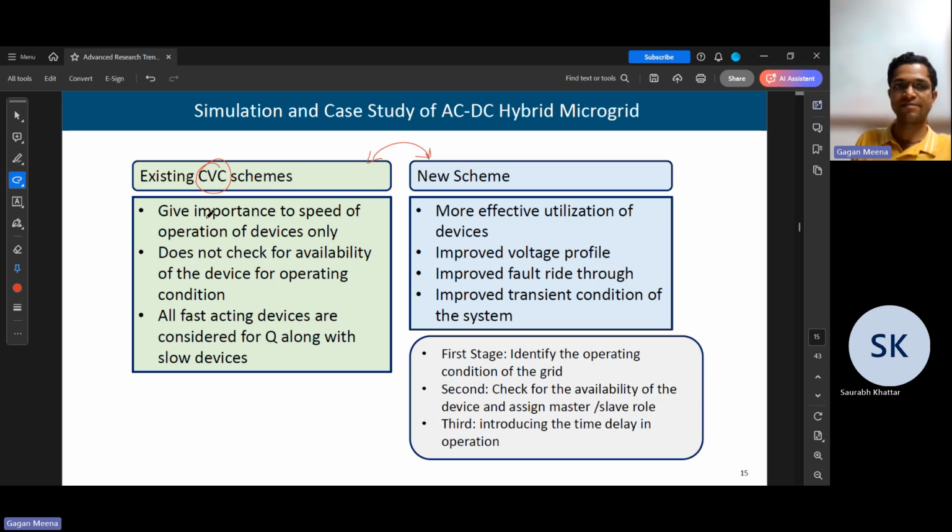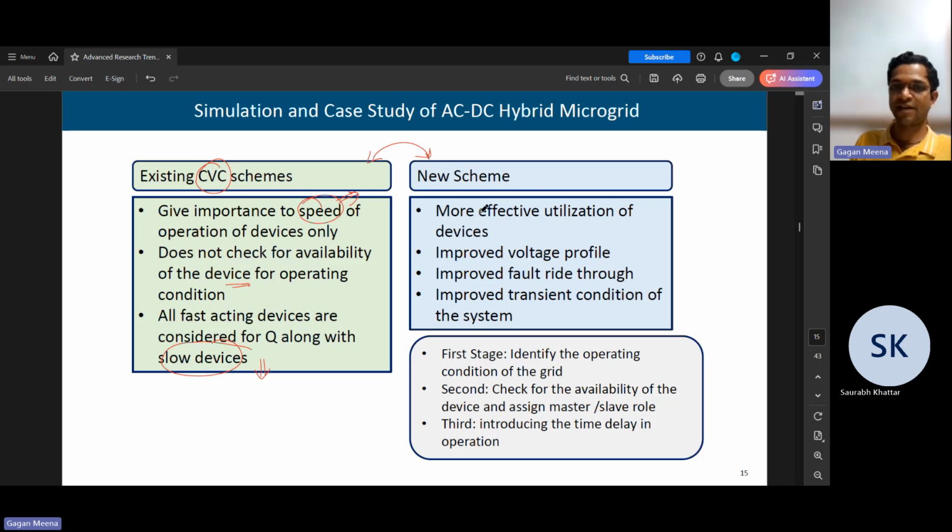The existing schemes give importance only to the speed of operation of the device, and they do not check for availability of the device. They are only bothered about the speed, and all of the devices act together. There is no distinction between slow and fast acting devices. As a result, there is poor utilization of the slow devices because they act very slowly and the fast ones are able to meet the requirement.